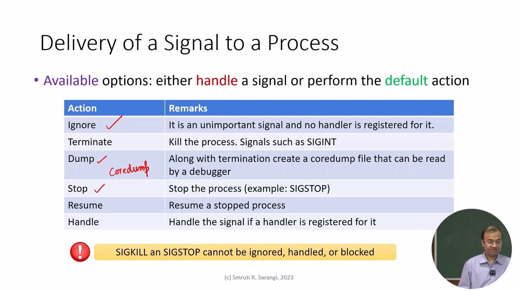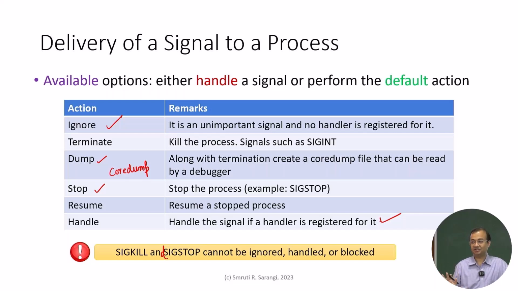And of course, if it's possible to handle the signal, then I handle it. But there are some signals, as we discussed, like SIGKILL and SIGSTOP. They cannot be ignored, they cannot be handled, and they cannot be blocked. They have the highest priority of all.